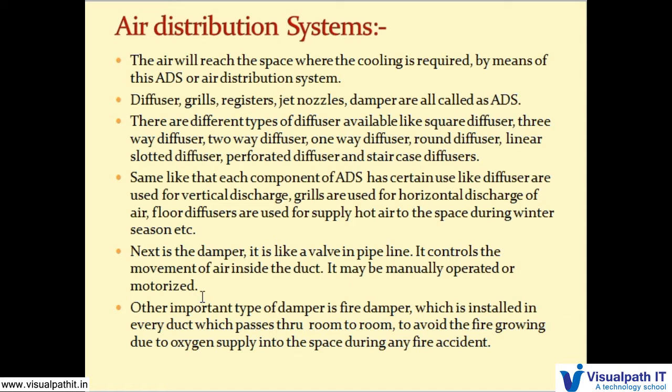During the time of fire, in order to control the fire, we have to cut the oxygen supply. So to do that function, these fire dampers are used. Whenever there is a fire accident in the building, the fire damper closes the movement of air into the building so that the fire can be controlled. That is the main purpose of fire damper.